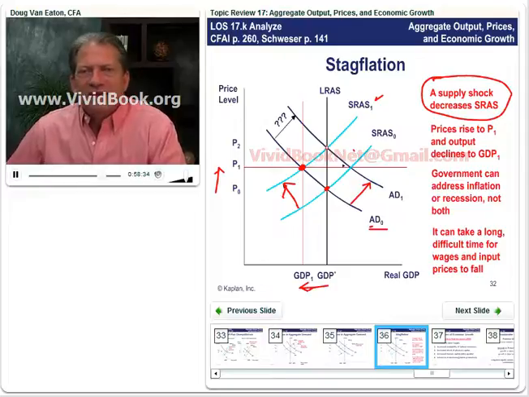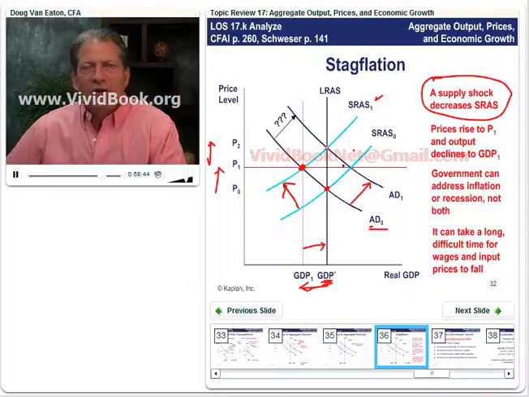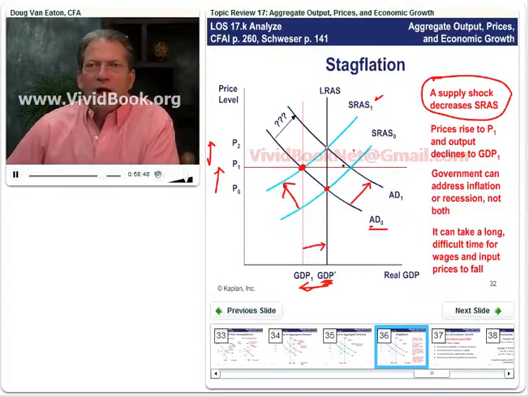Well, that can get us back to long-run aggregate supply, back to full employment GDP here, but it increases the price level again. So let's look at our notes on the right-hand side. Price level rises to P1, output declines to GDP1. That was our first move.